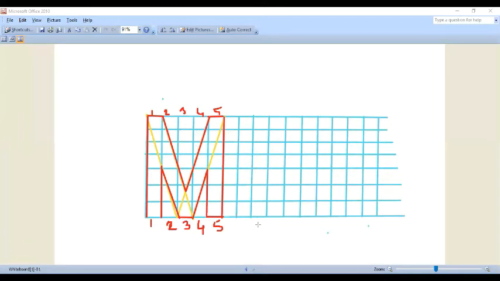Here now we do the W. Again gap one block, 1, 2, 3, 4, 5. 1, 2, 3, 4.